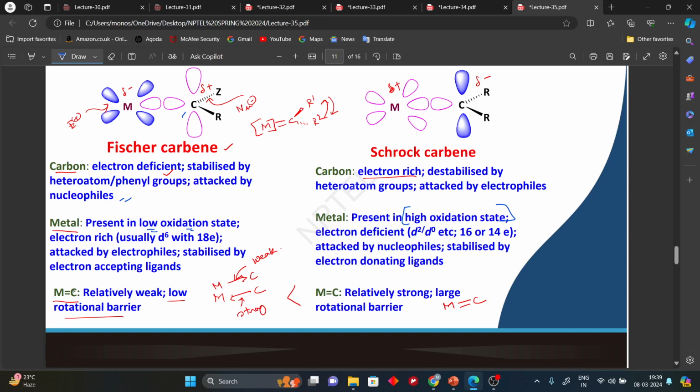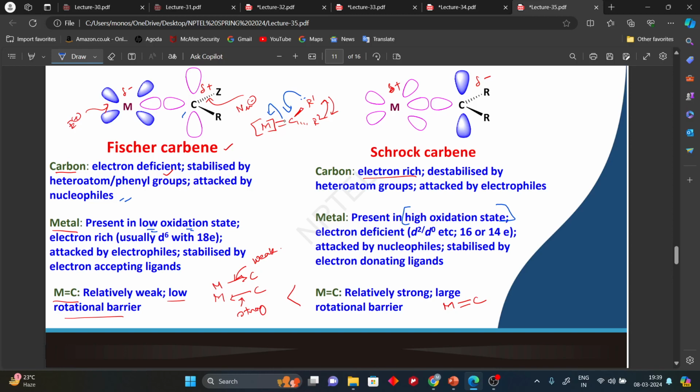So here, in this double bond, the metal carbon bond is relatively weak, and the barrier of rotation is lower because here you have nitrogen or oxygen, so electron push happens and it has single bond character.